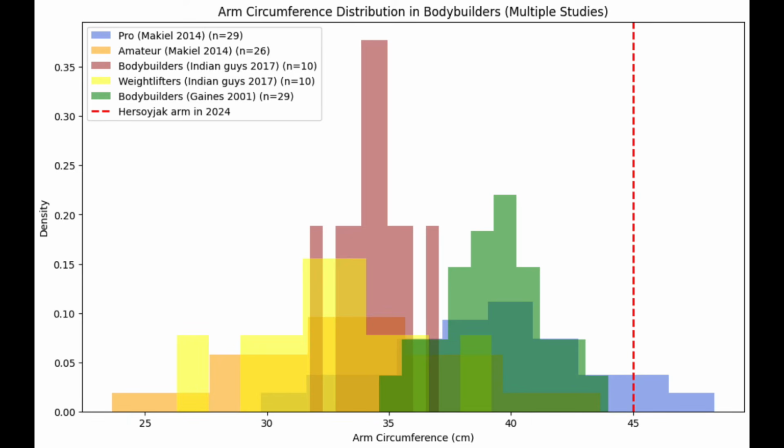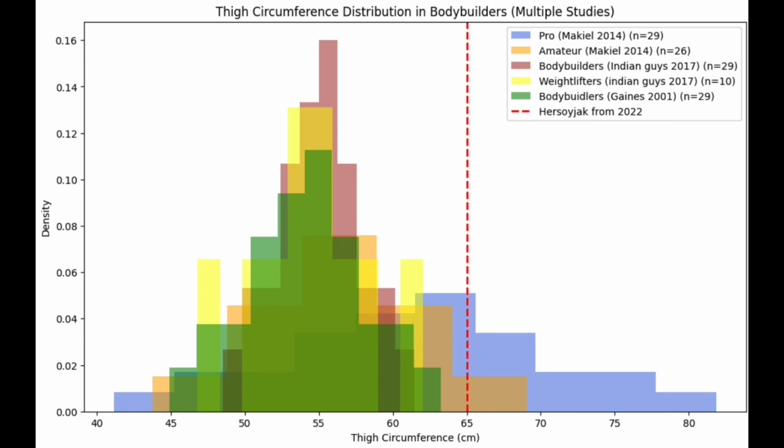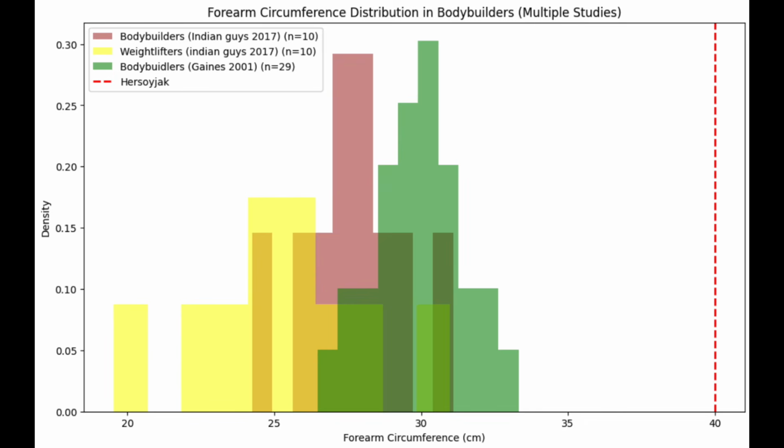And as you can see from all of these graphs, he is always on the bigger side of the distribution, with only pro bodybuilders there. As you can see from the data or the graphs that I presented, Hersovyac is always on the bigger side of the spectrum.